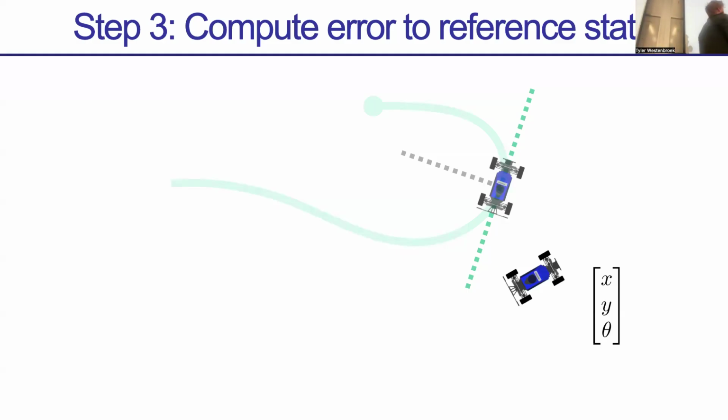I'm going to define one coordinate to be along the path of the reference that I'm tracking, in particular along the forward direction of where the car is pointing along the reference trajectory. My second coordinate is going to be orthogonal to that. You can think of these coordinates as if I'm driving a car: one coordinate is along my lane, how far am I ahead or behind where I want to be in my lane. And the second coordinate is if I'm drifting left or right out of my lane.